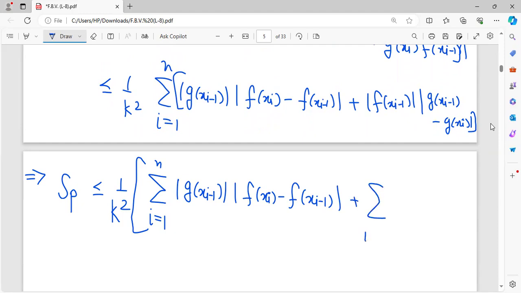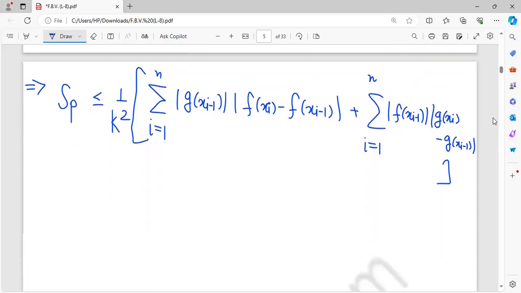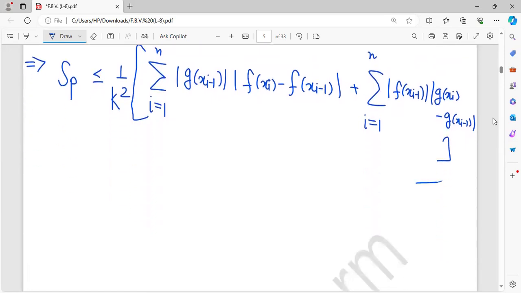I can distribute the summation separately. Now this is f(x_{i-1}). If I take minus common, the absolute value is not affected. Either I write g(x_{i-1}) minus g(x_i), or absolute value g(x_i) minus g(x_{i-1}). Same thing, it will not affect anything. So the bracket is closed, and let's say it is equation number 1.